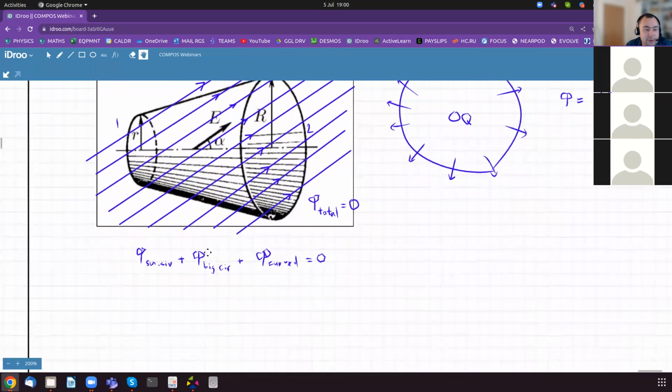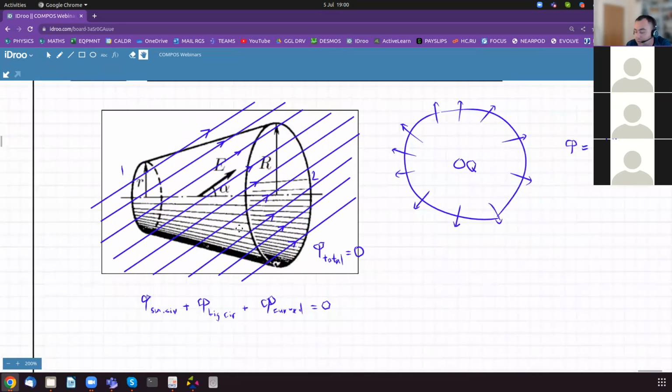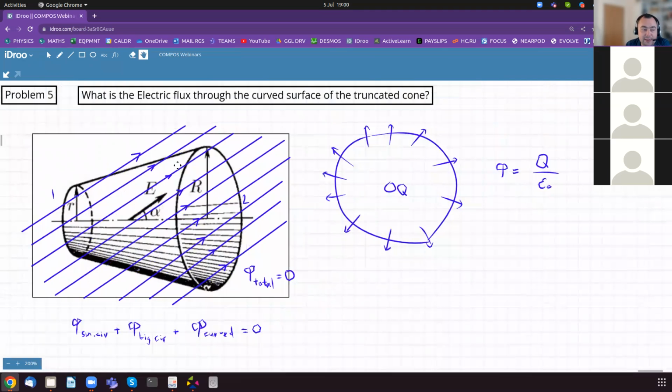And for the flux through this small one, we introduce an area vector. An area vector is a vector that has the same magnitude as the area. And the direction is the same direction as the normal to that surface.